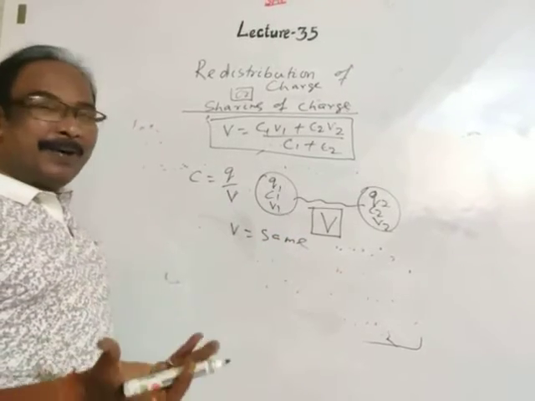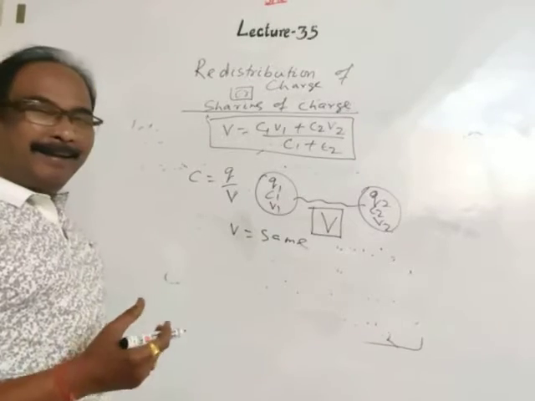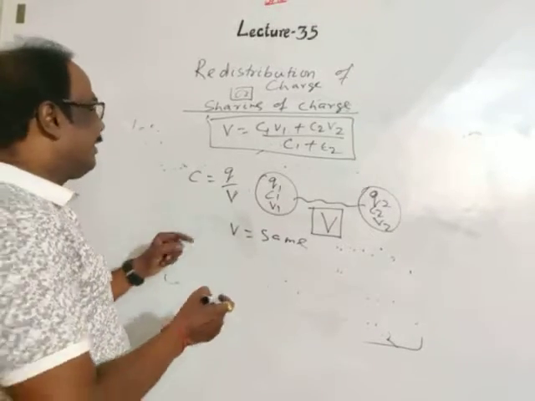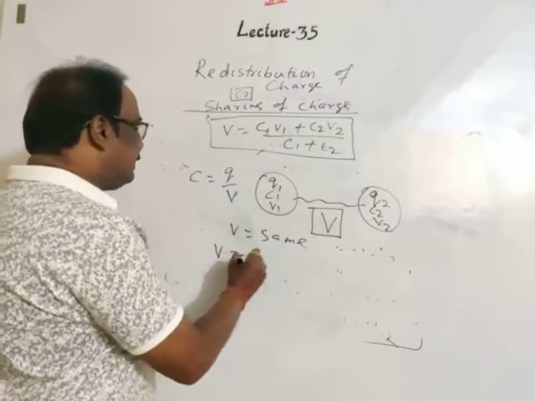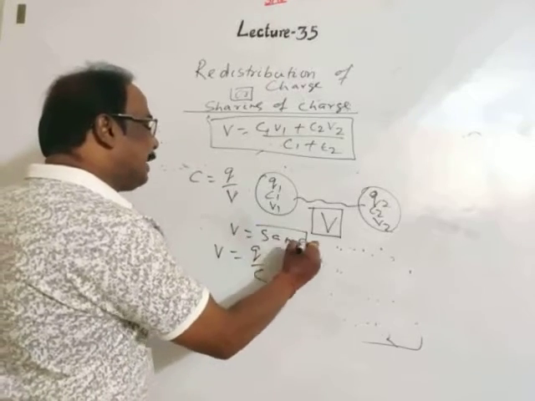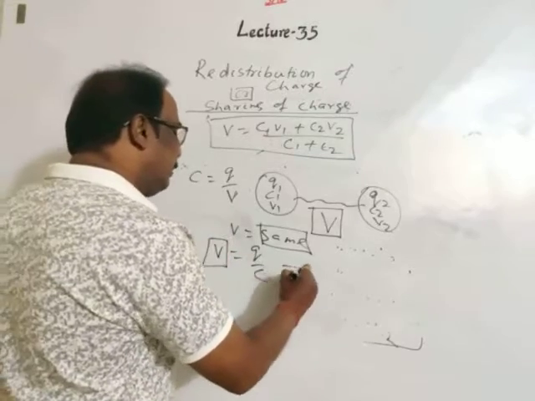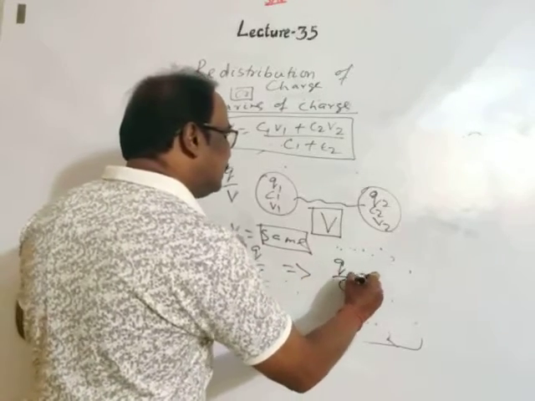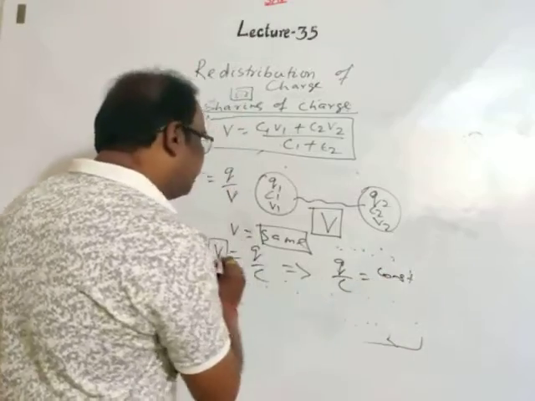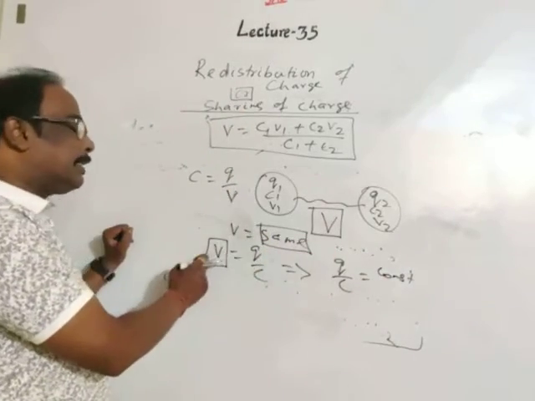When the bodies attain common potential, then potential becomes the same. Then what can we say? V is equal to Q by C. If potential is constant, then Q by C is constant.